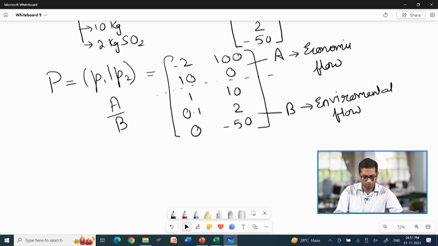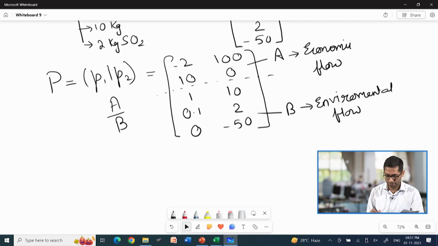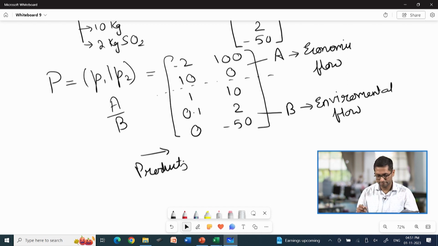And particularly you can also see the rows basically pertain to the different kinds of products, whereas the different columns would pertain to the different kinds of processes. So if I am talking about the rows, this basically pertains to the products, which you can see: -2 liters of fuel getting consumed, or 100 liters of fuel getting produced in here, or 10 kilowatt hour of electricity produced, or 0 kilowatt hours of electricity being consumed.